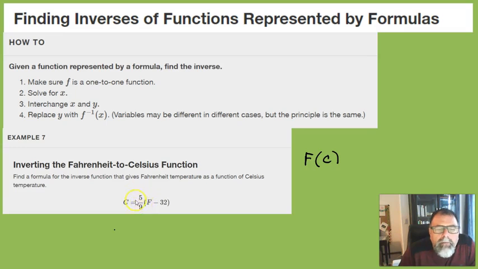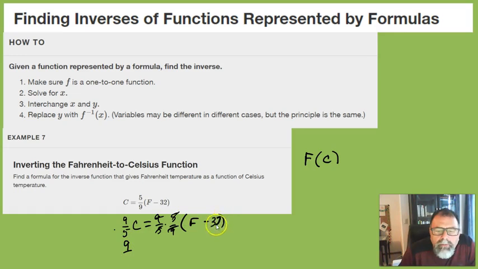If I multiply both sides by 9/5, the 9/5 and the 5/9 cancel each other. Then I can drop the parentheses, and then I can add 32 to both sides.